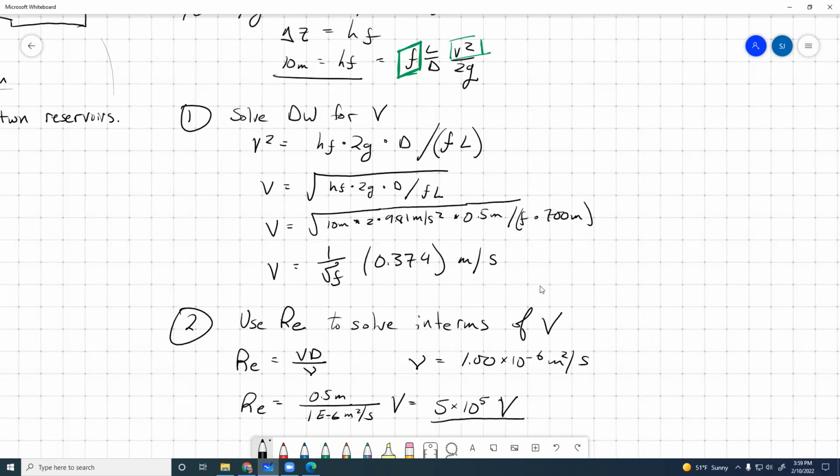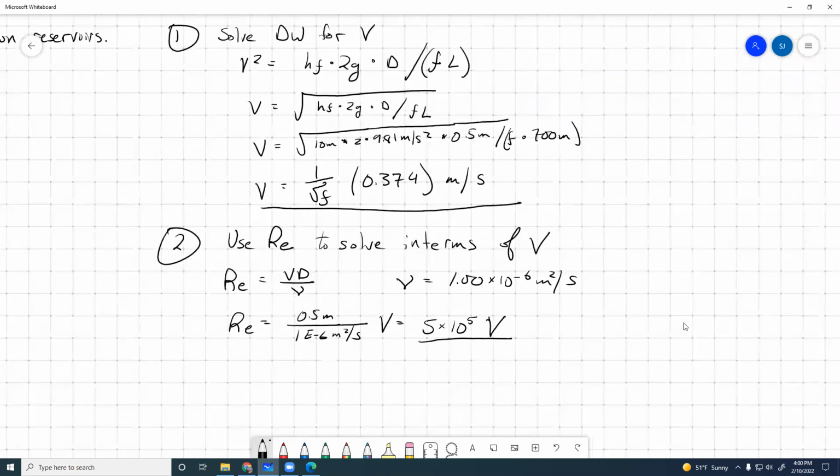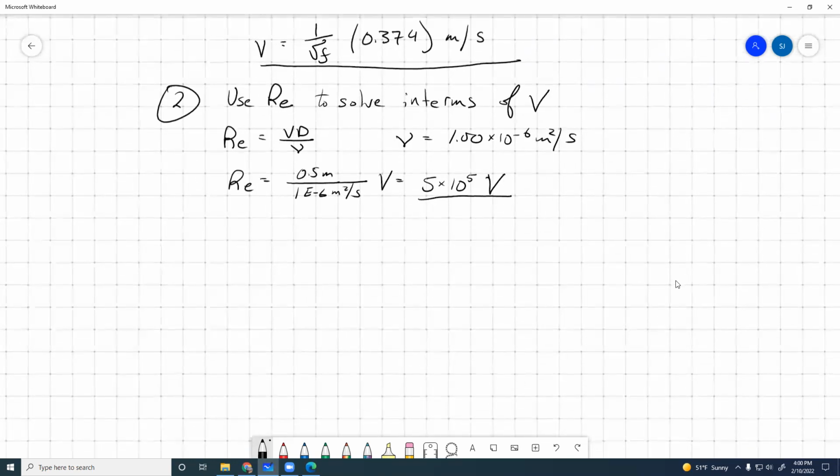Okay, so this is our Reynolds number equation. So now we've got two equations and two unknowns. We just have this little funny F term in there. So once we've got those two equations, I'll give you the algorithm for these type 2 problems. So, type 2 algorithm.